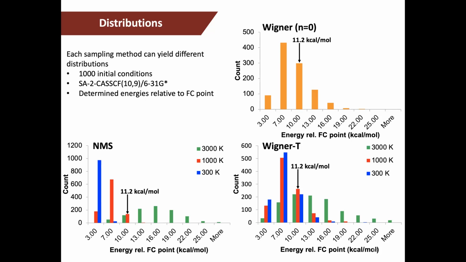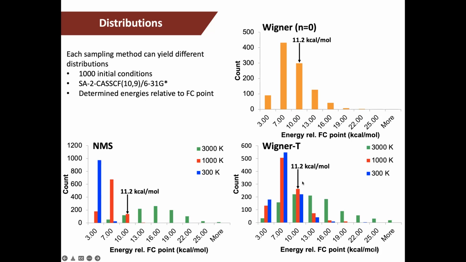Can you repeat it one more time? No, because you said that with the normal mode sampling, you could target specific vibronic states. You cannot do that with the Wigner. No, because Wigner has an analytical expression for the ground state, and then each excited vibrational state also has an expression, but it's really not feasible to implement each Wigner expression for each vibrational state.